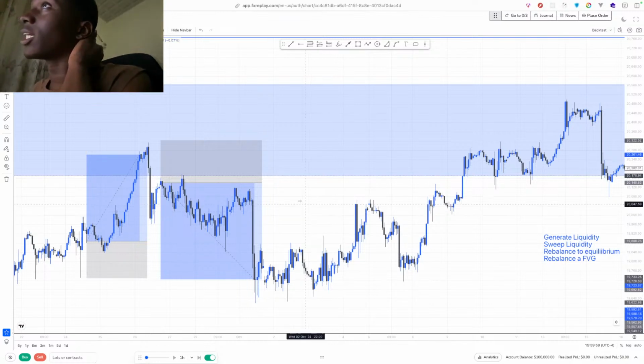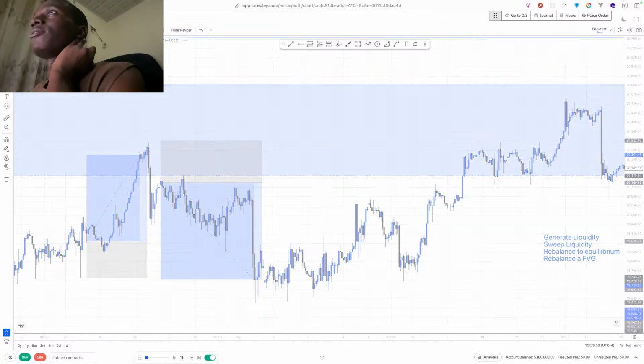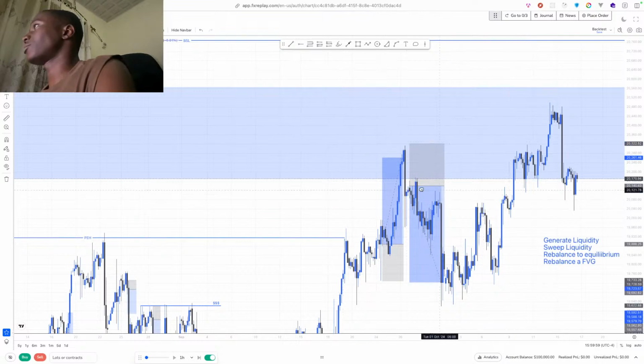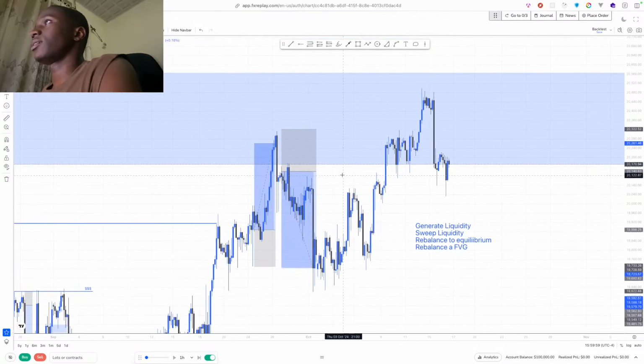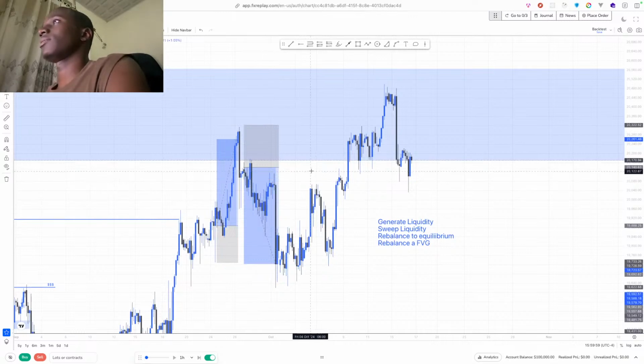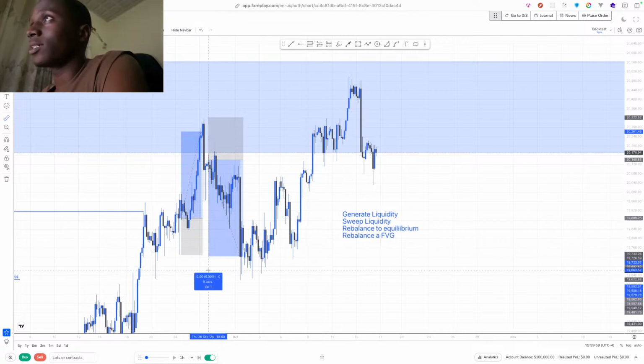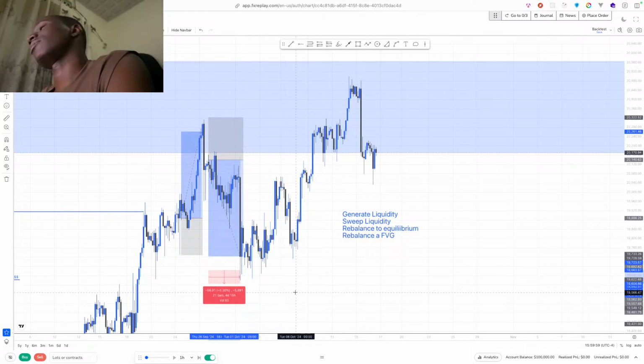I think that's okay. Let's go to the 3 hour time frame then. Let's see, okay. So liquidity sweep was swept out. And actually, how long will this trade take? This one right here will take 4 days.